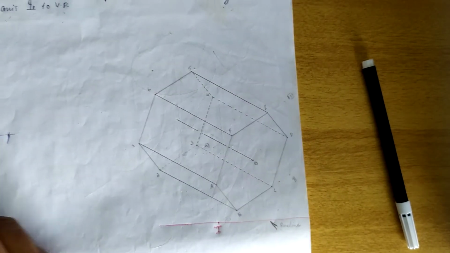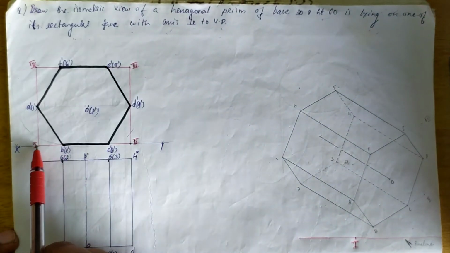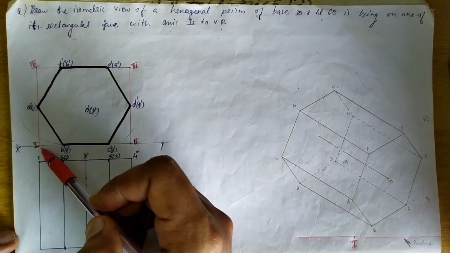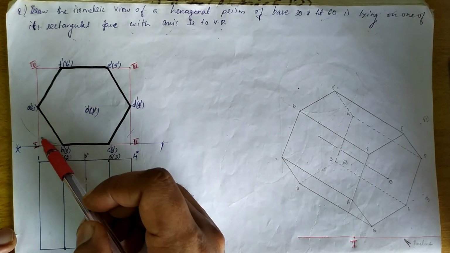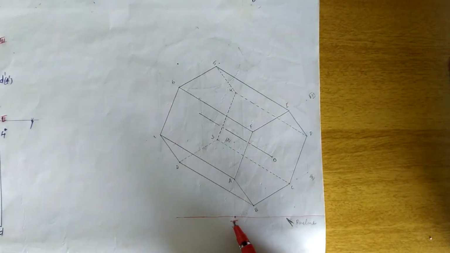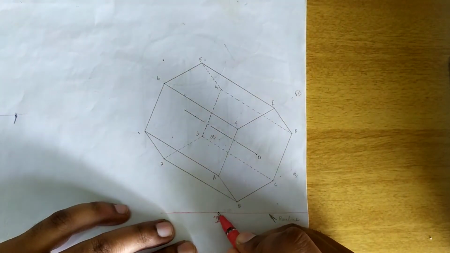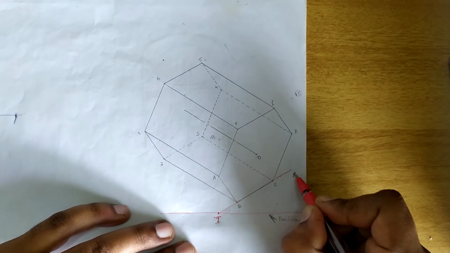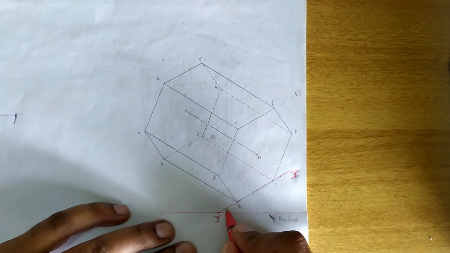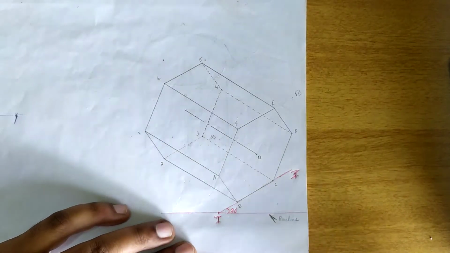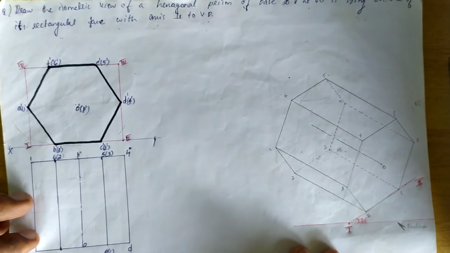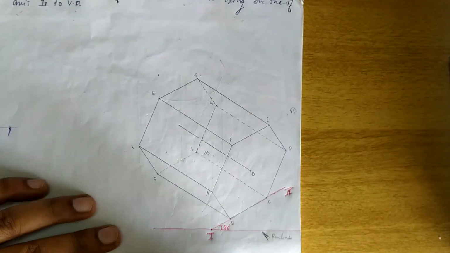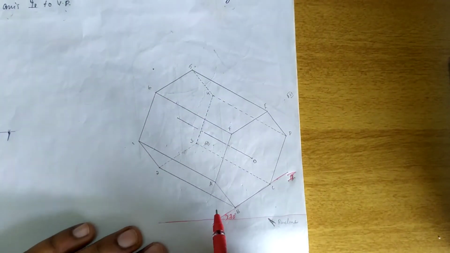So for that, the lines in front view which are parallel to the XY line are horizontal lines, and the lines which are perpendicular to the XY line are vertical lines. Initially you locate point 1 and draw the line 1, 2, which is inclined 30° to the baseline, and draw the base side of the box 1, 4, which is perpendicular to the baseline.